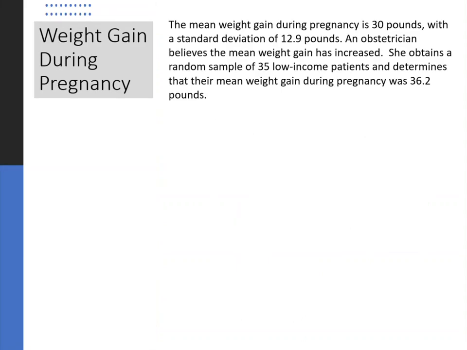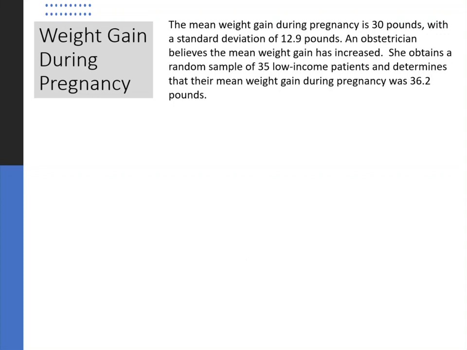Let's keep that in mind as we look back to an example we saw from Chapter 8. In this example, the mean weight gain during pregnancy is 30 pounds with a standard deviation of 12.9. An obstetrician believes that the average weight gain has increased. She obtains a random sample of 35 low-income patients and determines that their mean weight gain during pregnancy was 36.2 pounds.